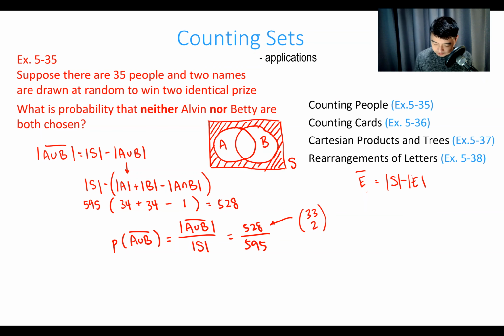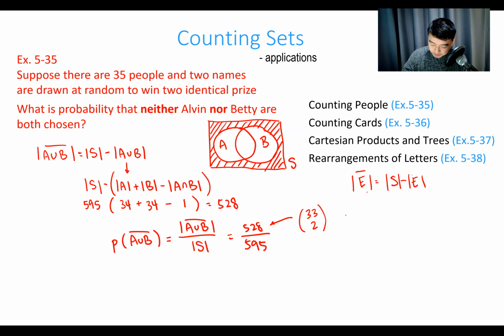So firstly, if you remember this equation that we had, the size of E complement is equal to the size of S minus the size of E. So essentially, if we want to know how many objects are in an event or not in an event, they are directly related to the size of the sample.